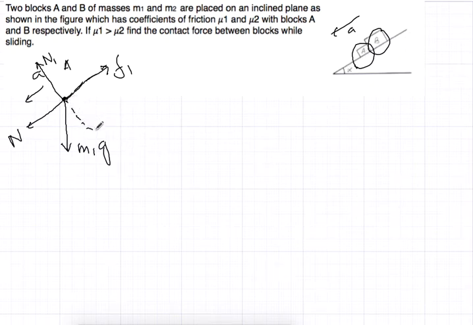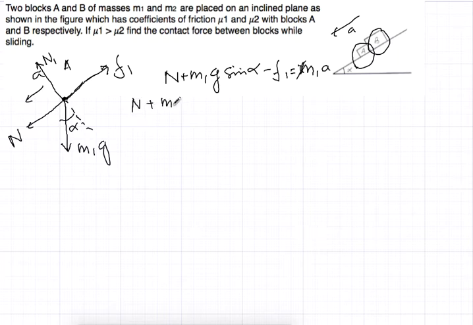Let this angle be alpha. So we write N plus m1 g sin alpha minus F1 equals m1 a.